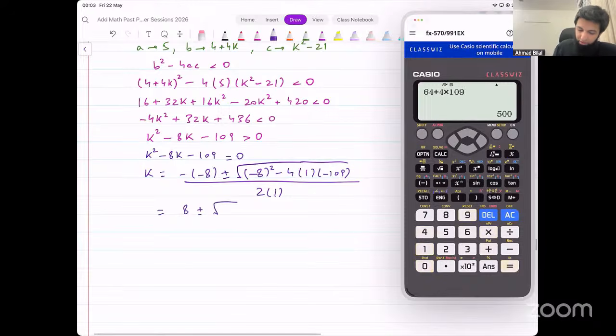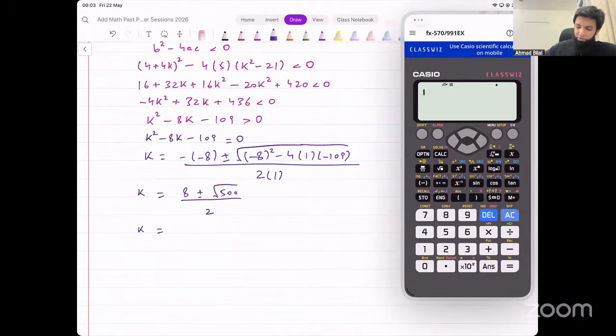And that's 500, divided by 2. Square root of 500, just put this on a calculator. Your calculator will simplify this for you. It becomes 10 root 5. 8 plus minus 10 root 5 divided by 2. And that gives you 4 plus minus 5 root 5.